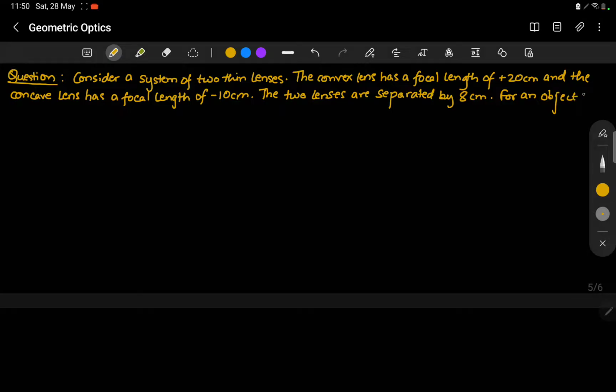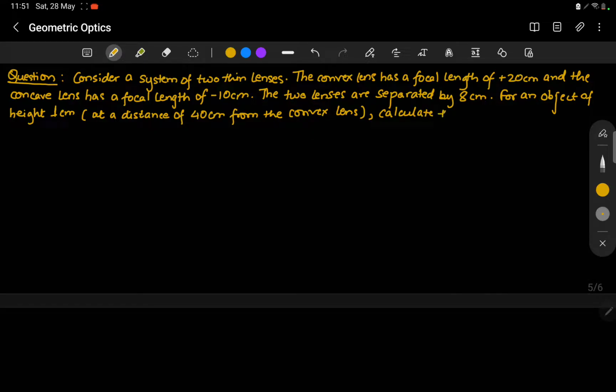For an object of height 1 centimeter, which is placed at a distance of 40 centimeter from the convex lens, calculate the position and the size of the image.